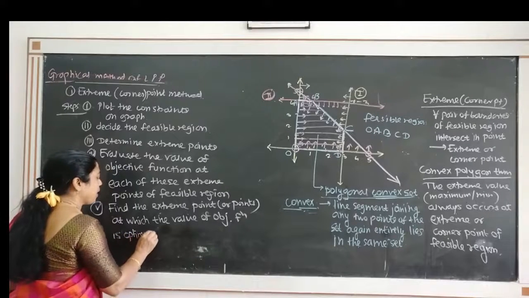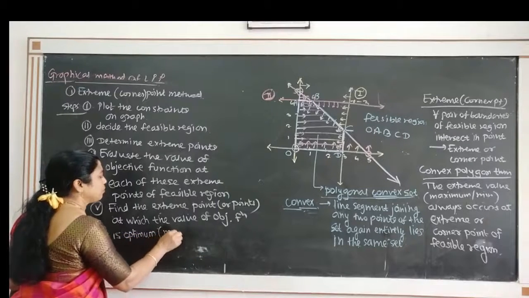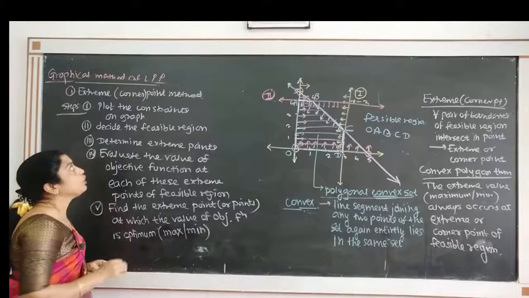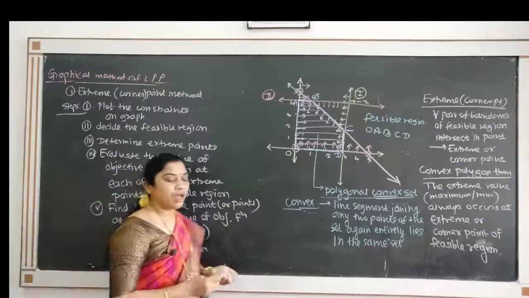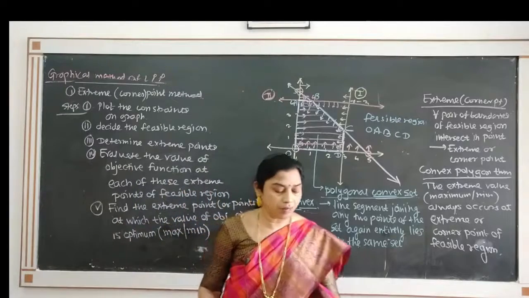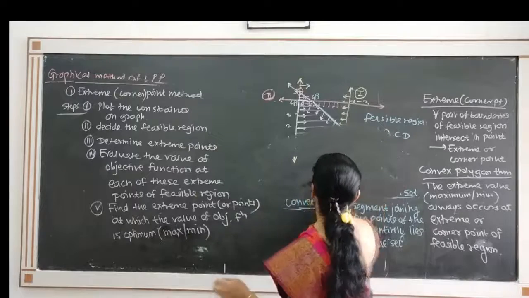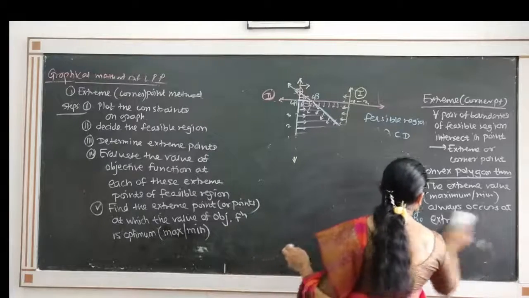Optimum, that is maximum or minimum as required. So these are the 5 steps to solve any graphical LPP. Now we will see this by one example.